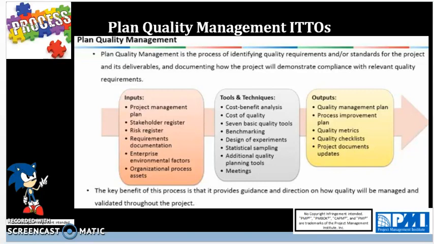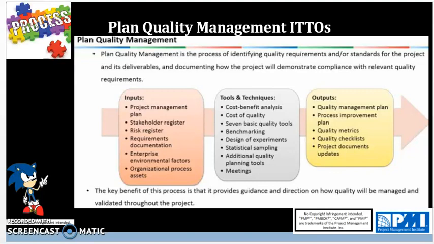Then you have nominal group technique, where you want to take all of the brainstorming ideas and prioritize these ideas for quality improvement in the quality plan, and you want to focus on ones that achieve high quality. Then you have additional quality management tools and meetings, which we'll deal with internally to make sure that we will meet quality for the overall customer.